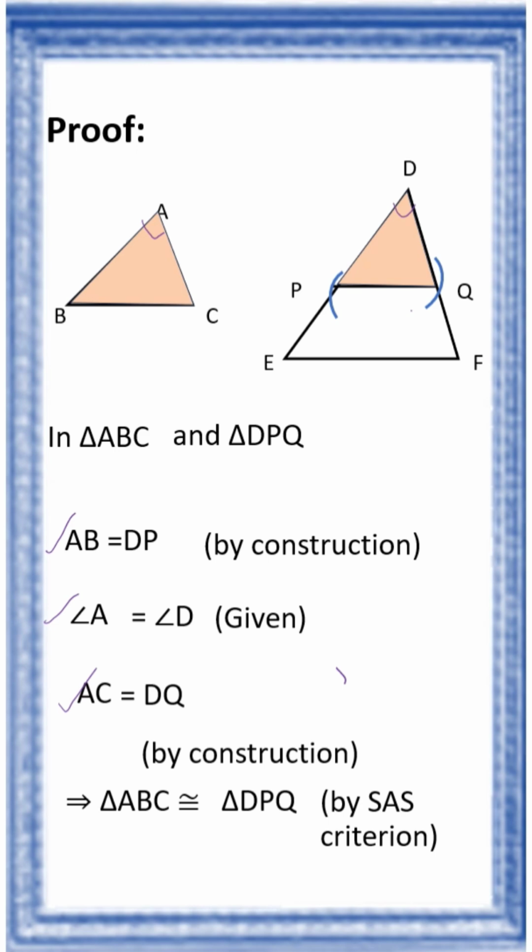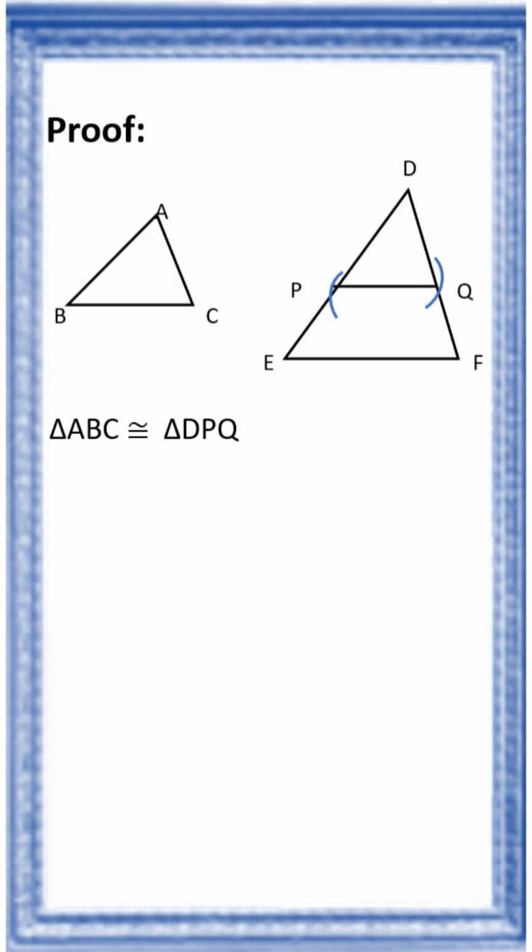We can put triangle DPQ on triangle ABC or triangle ABC on triangle DPQ. Here the corresponding parts are equal. Now we have triangle ABC congruent to triangle DPQ. Observe the figure. What is the use of proving that two triangles are congruent? The corresponding parts are the same.